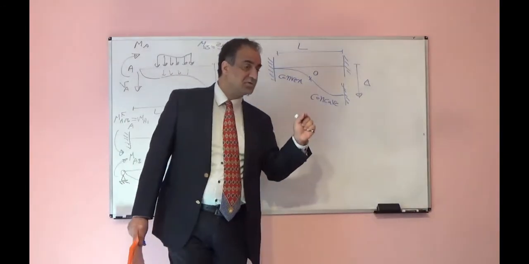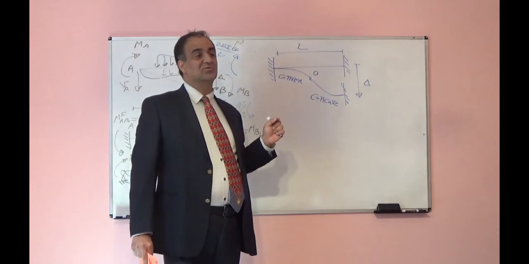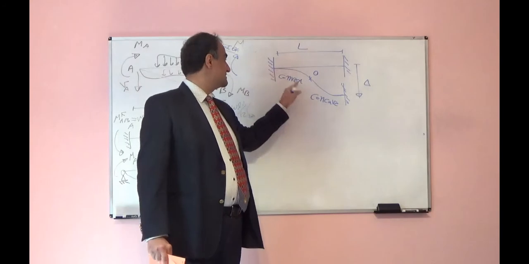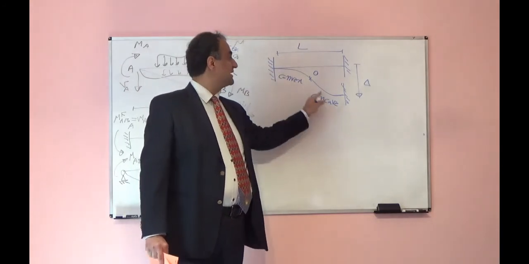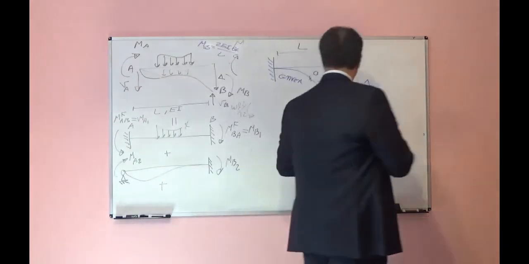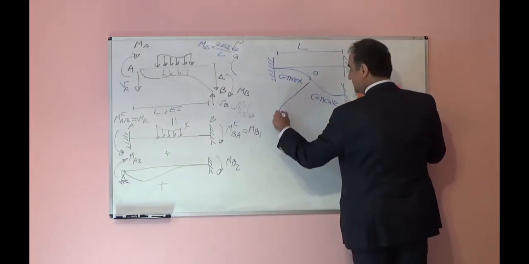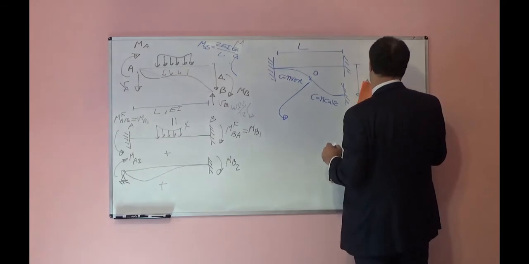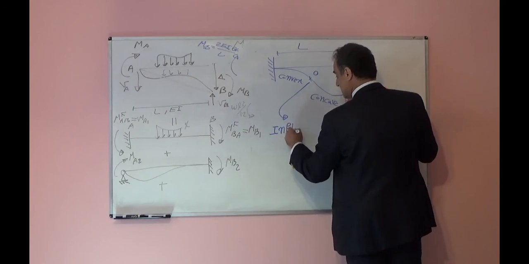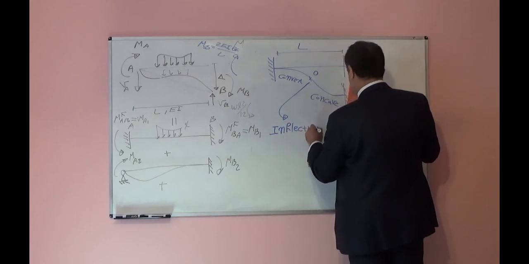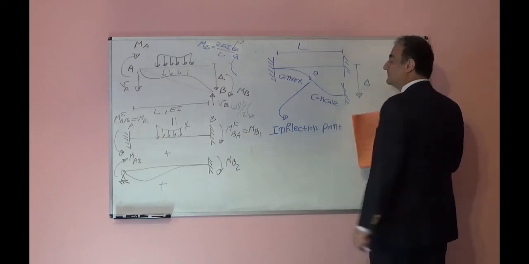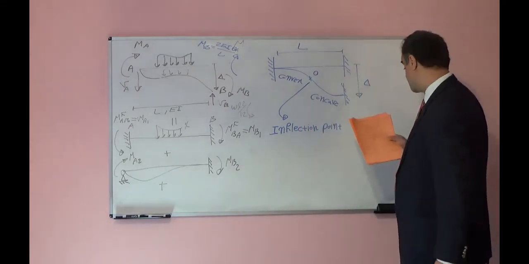At one point, curvature will be equal to 0 because the direction will change. Before this, it is convex. After that, it is concave. So at that point, curvature should be equal to 0. That point, usually in structural analysis, we call it the inflection point. Because of symmetry, the inflection point will be at L over 2.